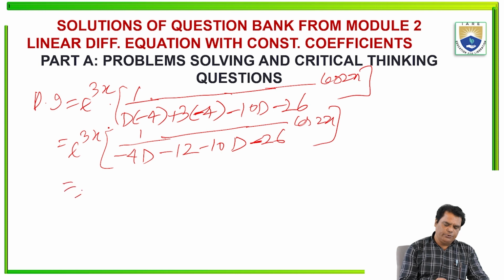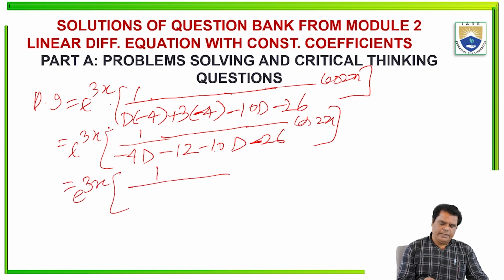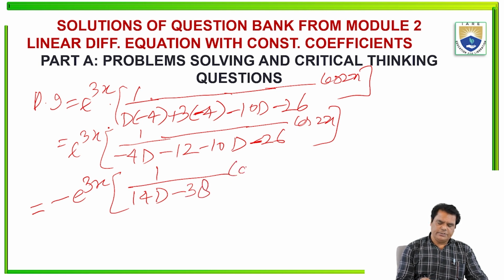So now e^(3x) and 1 upon... here 10D, taking minus common. So 10D and 4D is 14D, and 12 + 26 is 38, and here is cos 2x. Clear?